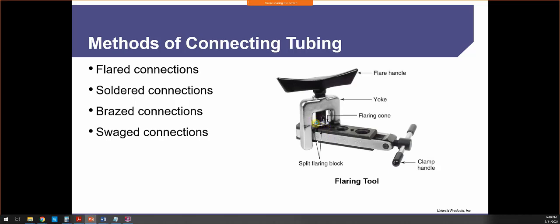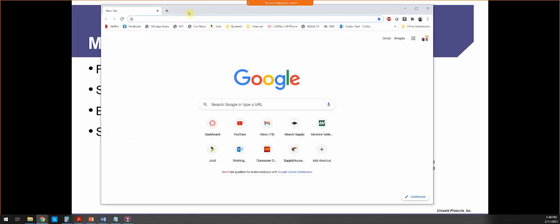We then have a cone shape tool that's going to come down and push down onto the copper tubing, creating a flare for you. This is nice and great, but it does take a little bit of time because I have to get my tool to perfectly align with the top of the copper, make sure everything works like it's supposed to.